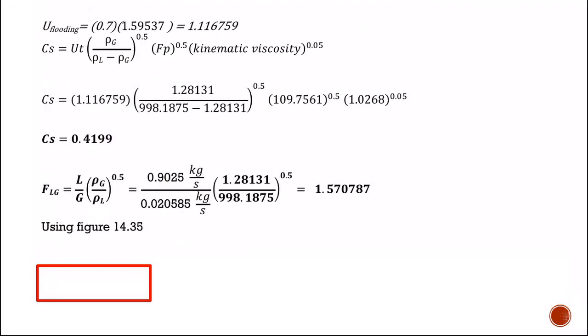And for the abscissa scale term, using the formula here, we can get 1.570787.